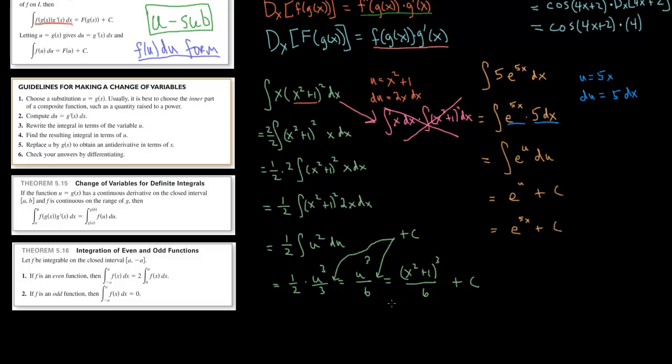The exact same thing was true for quotients. Recall, if we had f of x divided by g of x, we couldn't simply take the derivative of the numerator, the derivative of the denominator, and then just look at the quotient of those two derivatives. We had to use the quotient rule.